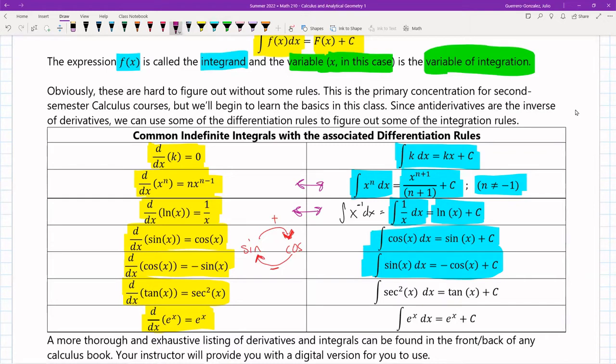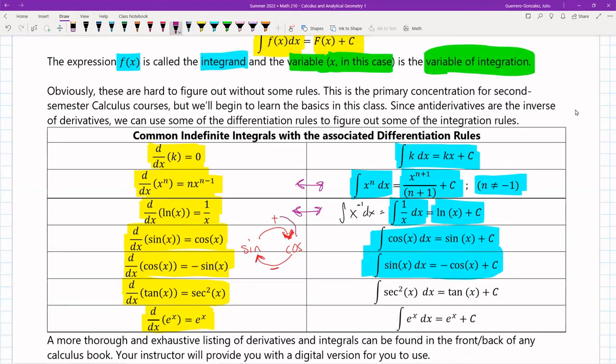Remember how I had this little picture right here, this little circle with the positive and negative for the cosine? All right. So remember the arrows are for the derivative, right? If you go backwards of the arrow, you get the integrals, the antiderivatives. So the antiderivative of cosine is sine, so that still works out.